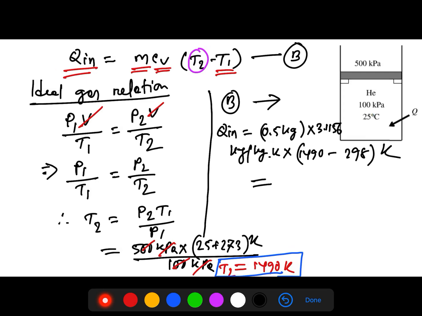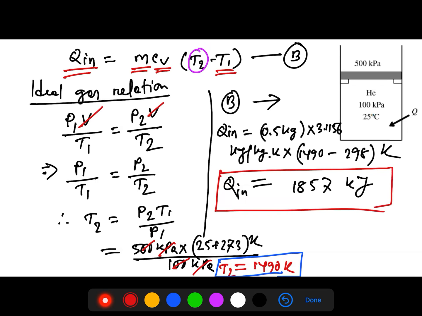So it will be 1857 kilojoule. So the Q in is 1857. That's actually the solution of this problem. That's the energy we transferred to raise this piston. So that was the problem.